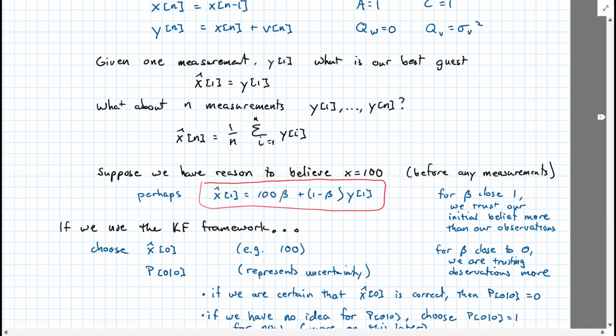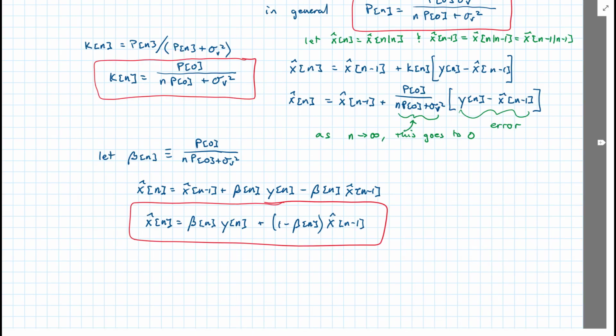So here, where we have the 100, we would now have our x. And also notice that this is backwards. In this particular case, we have beta times x and 1 minus beta times y, whereas back here, it's the other way around, beta times y and 1 minus beta times x.